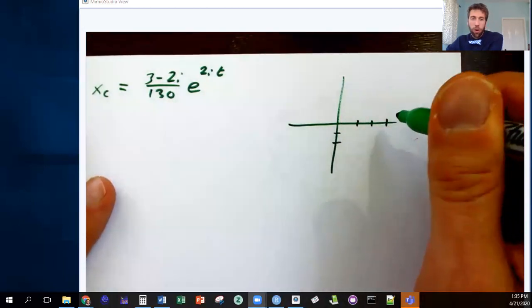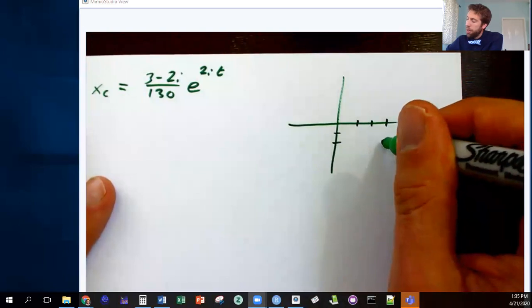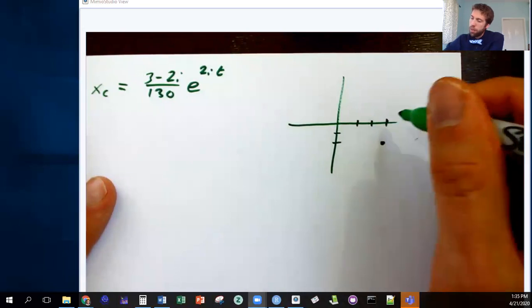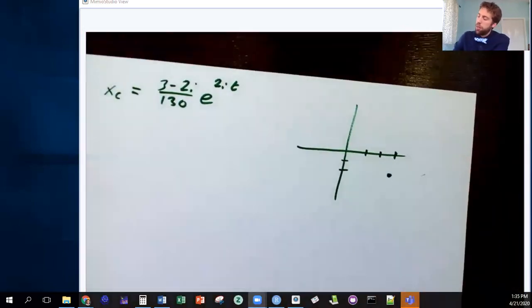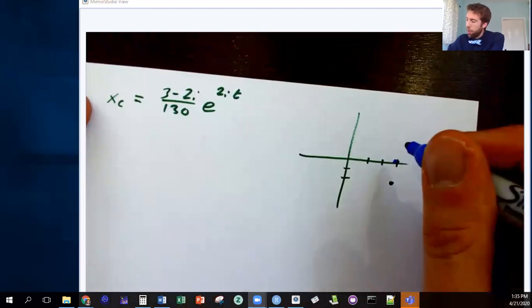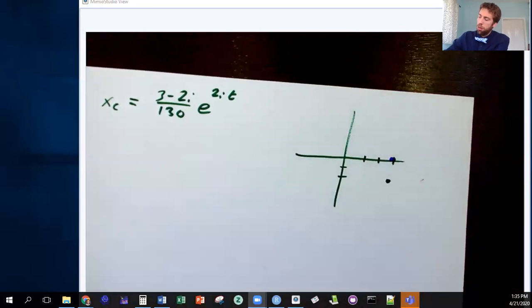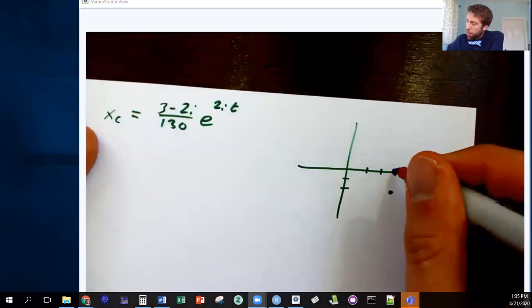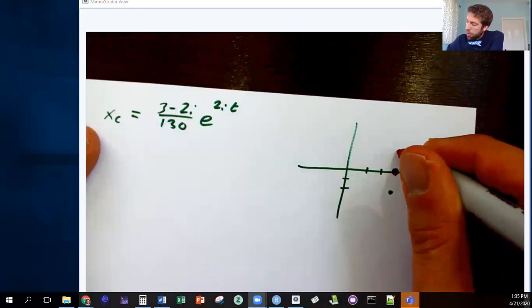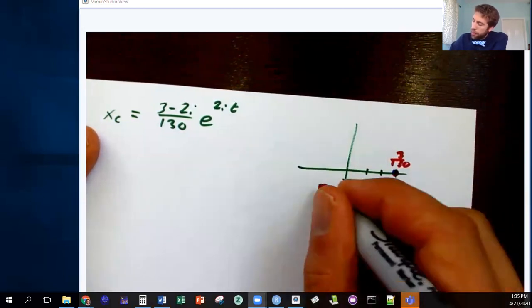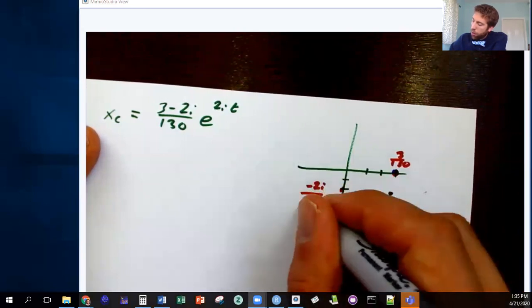Each tick mark is like 1 over 130. This point right here, blue is showing up a little bit, maybe red will show up better, this point right here is 3 over 130, and this point is negative 2i over 130.